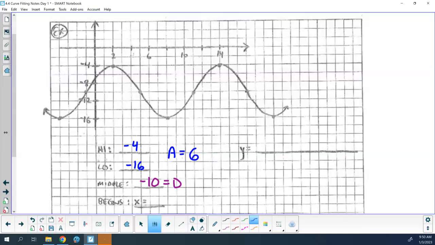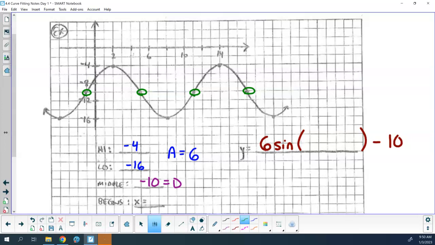So far, we're at 6 sine of something, -10. Right? Okay. Where do you want to start? Well, sine starts in the middle, right? So my starting choices are here, here, here, or here.